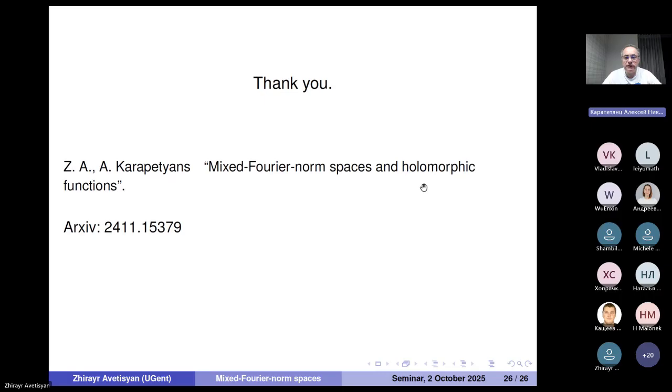The study that we have done with Zhirayr was an answer to how to define spaces that preserve such nice tools, to have the ability to use an extension of Paley-Wiener type results. And it was done in very good generality in this paper.